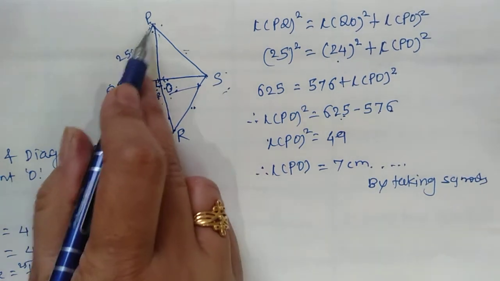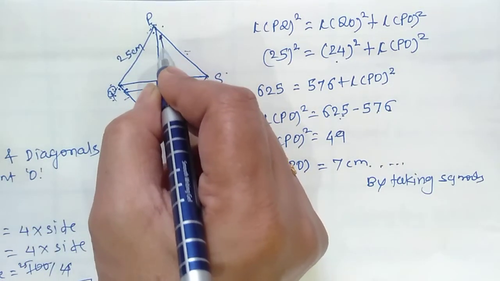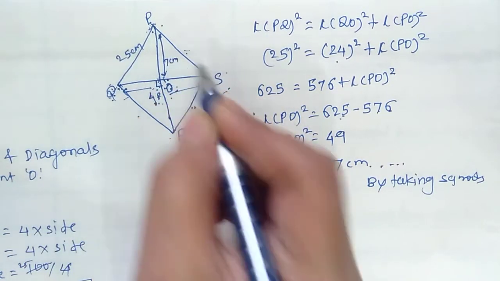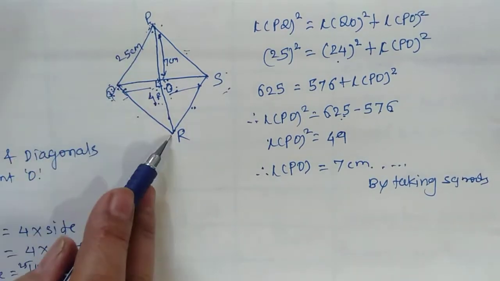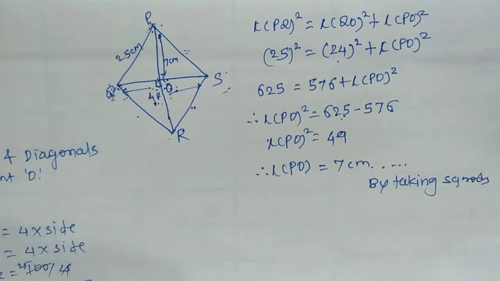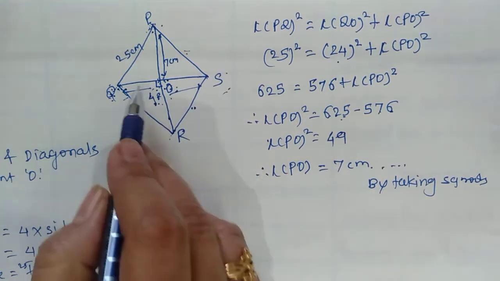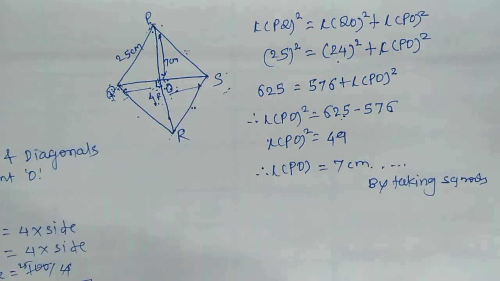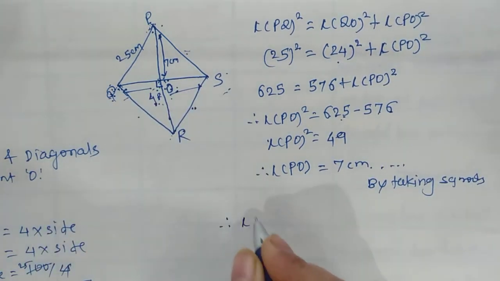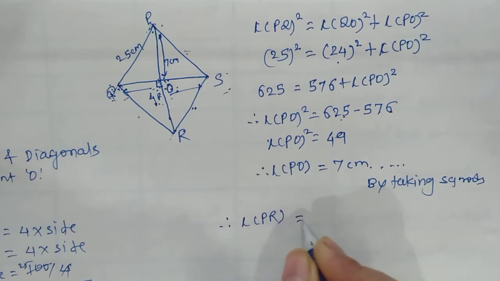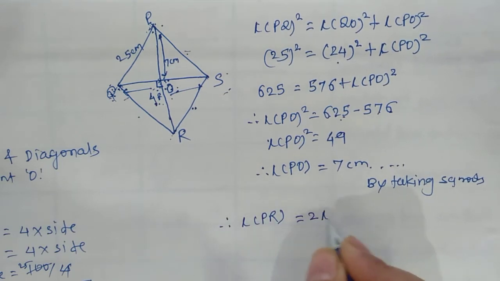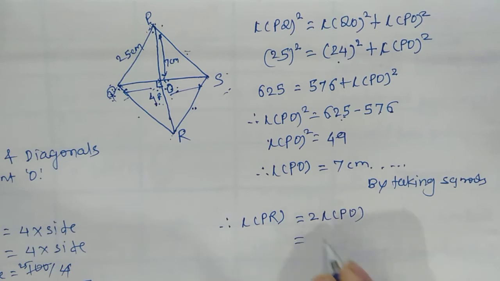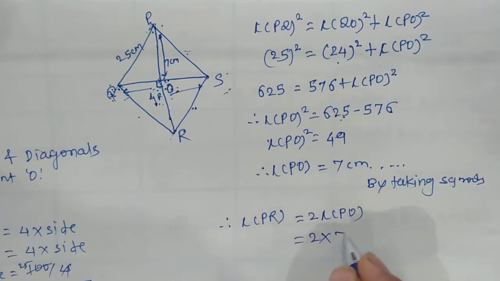If the length of PO is 7 centimeter, then it is easy to calculate the length of PR, because we know that diagonals are perpendicular bisector. So therefore length of PR is equal to twice the length of PO. So 2 multiplied by 7.